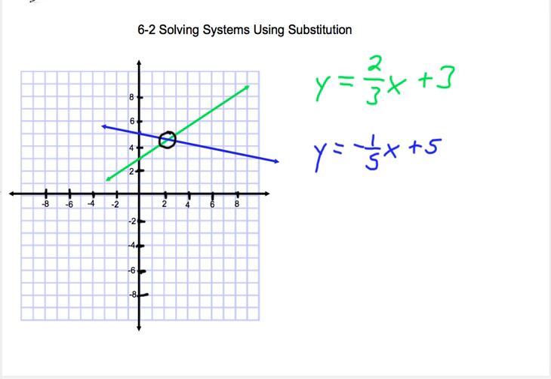So graphing is not always the best way, and that's why today we're going to talk about solving systems using substitution. So notice at this point of intersection, the x and y values for the green equation are the exact same as the x and y values for the blue equation. We don't know what those values are right now, but we know that they're the same.